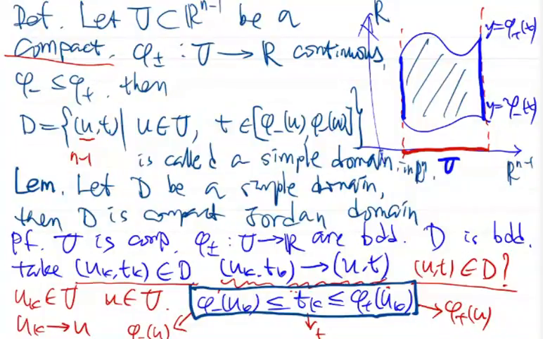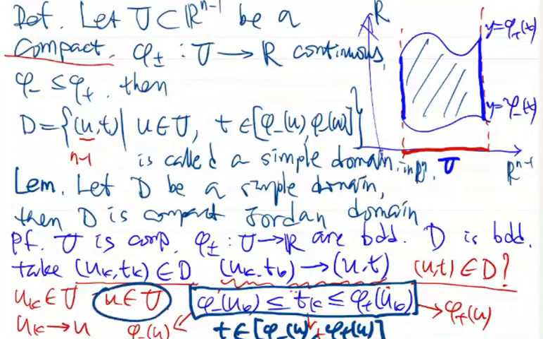By the property of limits, we see that t belongs to [phi minus u, phi plus u]. So u belongs to U, and t belongs to the interval between the values of phi minus and phi plus at u. Therefore, by the definition of D, we conclude that (u, t) belongs to D. So D is closed.